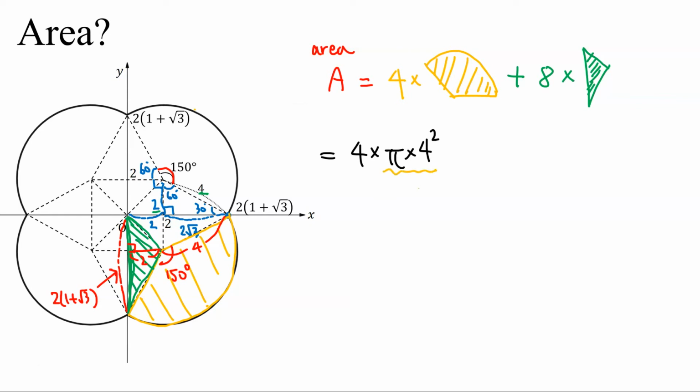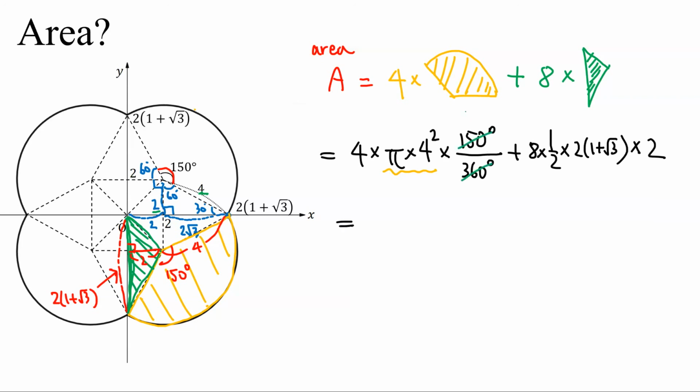And this is the area of a circle with radius 4, and the entire circle has a center angle of 360 degrees. But here we only have 150 degrees. So we multiply this. And for the triangle, we use the famous 1/2 base length times height formula.